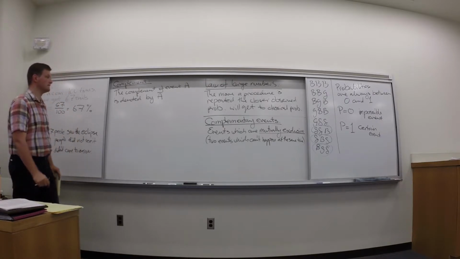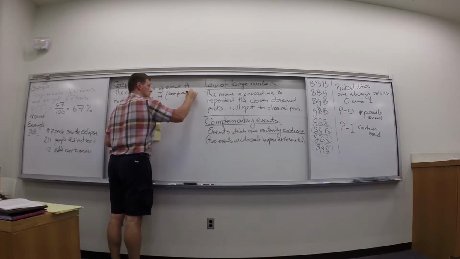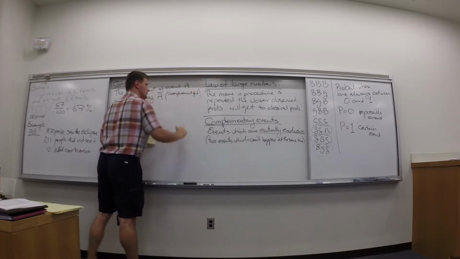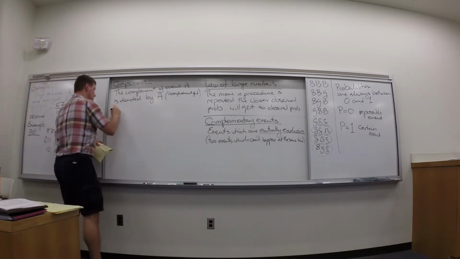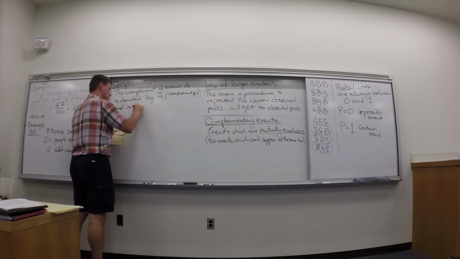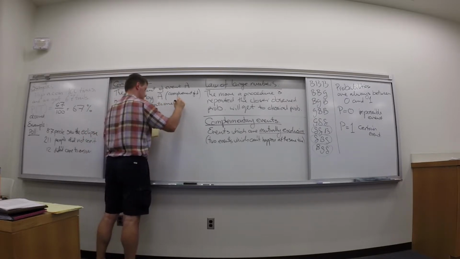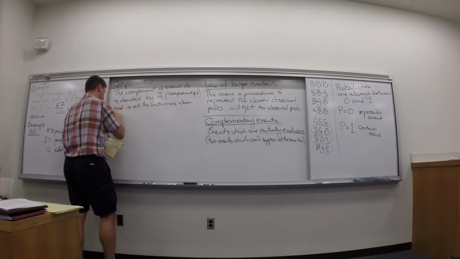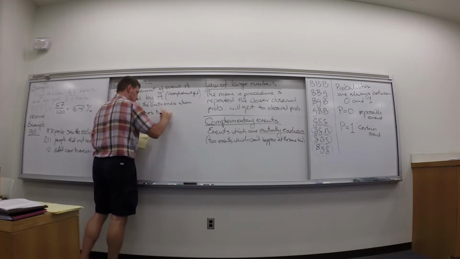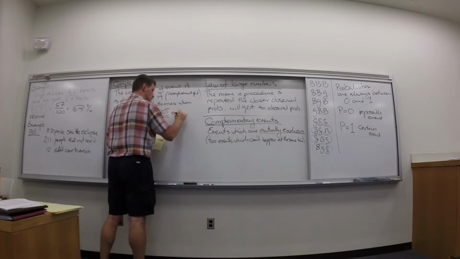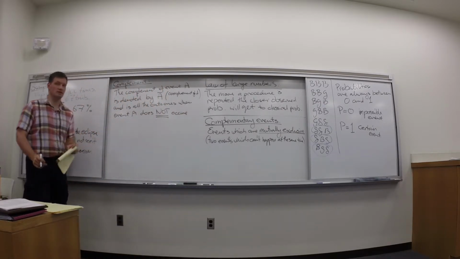That means complement of A. So we read this as complement of A. So A with a bar across is complement of A, and it's all the outcomes when event A does not occur.